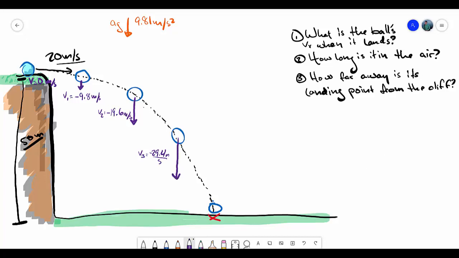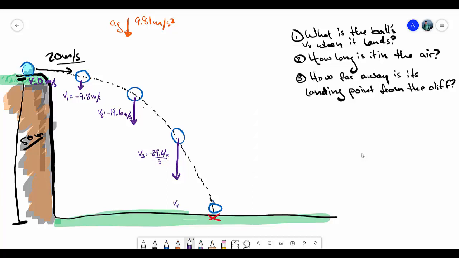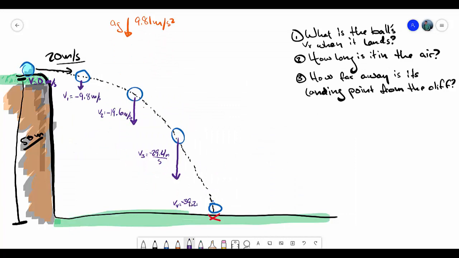And then finally, at the 4th second, negative 39.2 meters per second. I'm making up the amount of time this ball's in the air.